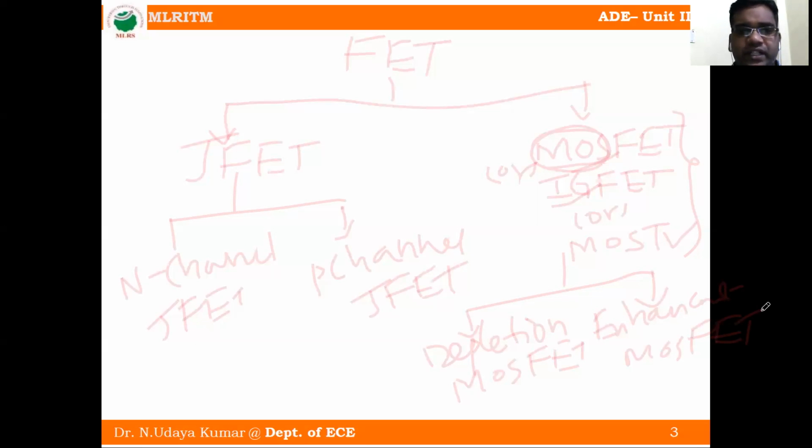FET is a three-terminal device. So what are the three terminals of FET? First one is drain, second one is source, third one is gate.